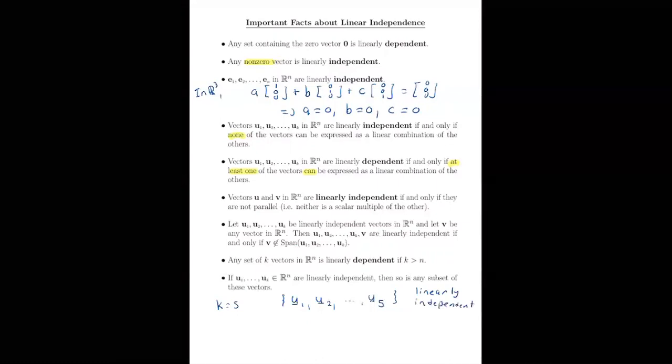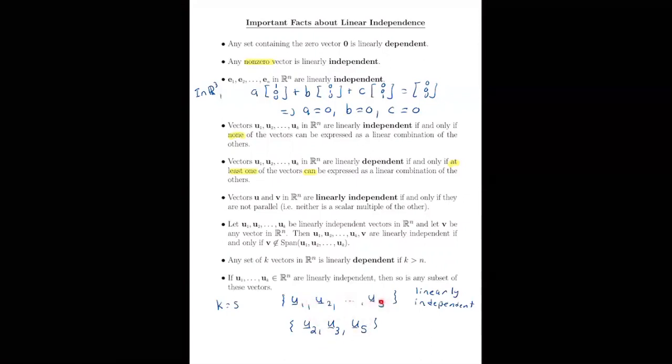Then any subset, and what I mean by that is I can choose any of these vectors, and as many as I like. I could choose 4 of them, 3 of them, or 2 of them, any 2, any 3, any 4. So let's say we choose 3 of them, let's say U2, U3, and U5.